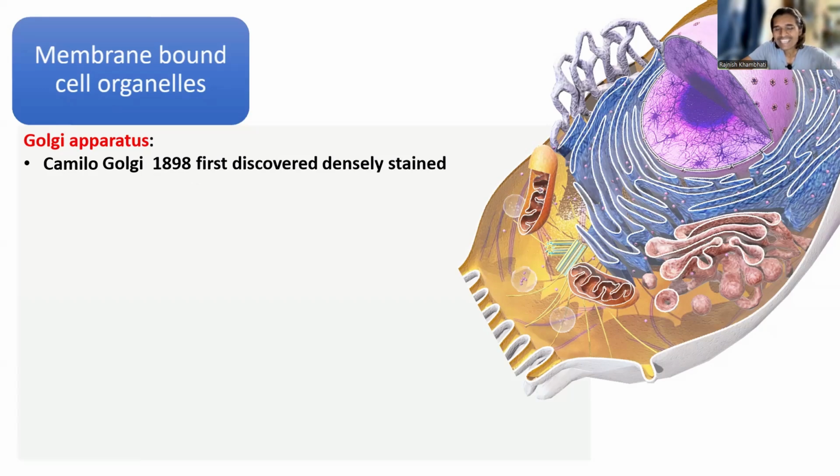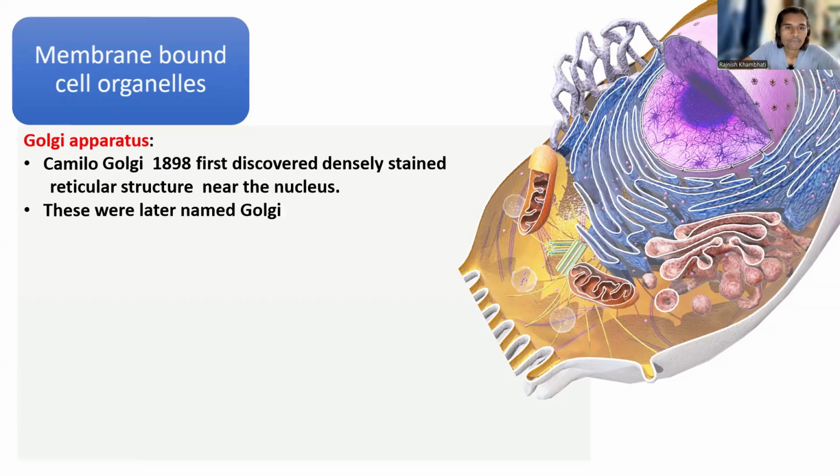Camillo Golgi, in 1898, said that it is a densely stained structure. He could see it as a densely stained structure, and after him the name Golgi apparatus was given. It is always near the nucleus.